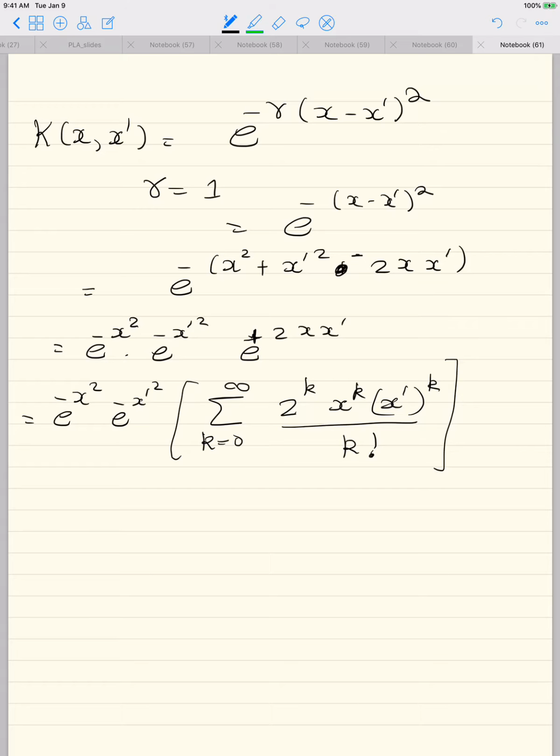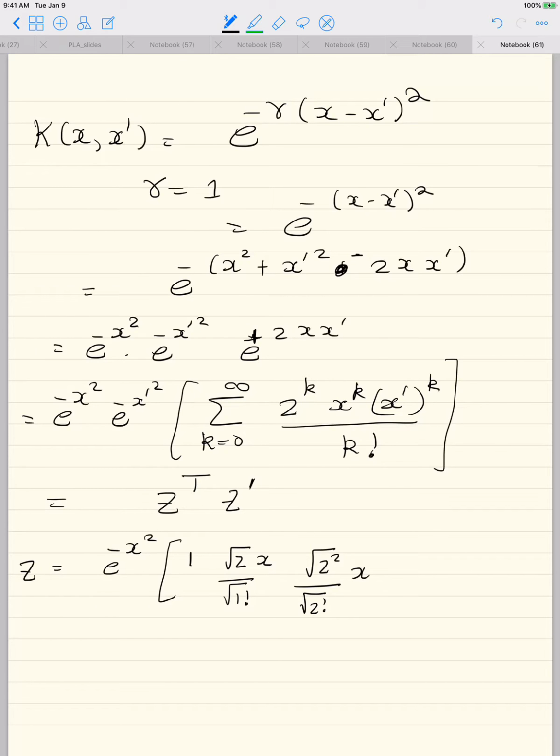Now what we can do is write this as an inner product between z and z prime, where z is a vector like this: e to the minus x squared times 1, square root of 2 over square root of 1 factorial times x, square root of 2 squared over square root of 2 factorial times x squared, square root of 2 cubed divided by square root of 3 factorial times x cubed, and so on.